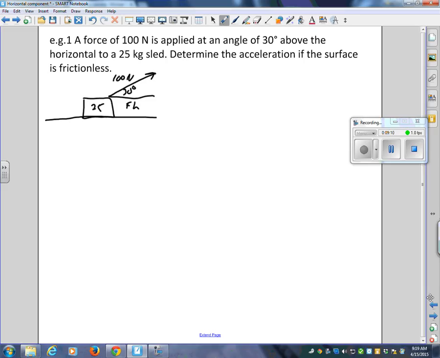Do I need to worry about the weight force and the normal force? Are they forces that are acting in this particular situation? Is gravity part of this? Yes. Is the normal force there? Yes. But they are balanced.